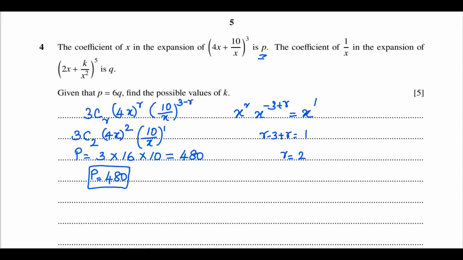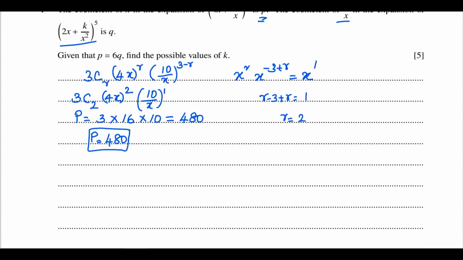Okay. So from the second expansion, find the coefficient of 1 over x. For that expression, the general term is 5cr 2x power r, k divided by x square the whole power 5 minus r. So x power r multiplied by x square.